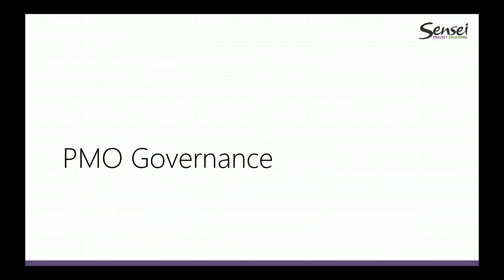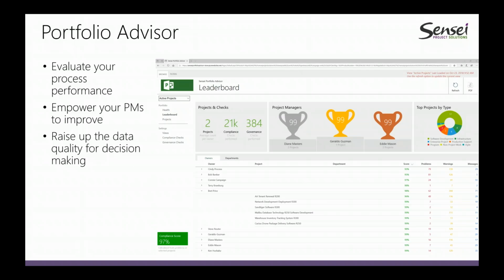Now, I do want to talk about PMO governance a little bit, because this is really the icing on the cake, with regard to being able to influence how people use the system and actually get better at the practice of project management. So for PMO governance, we've actually released a tool called the Portfolio Advisor.